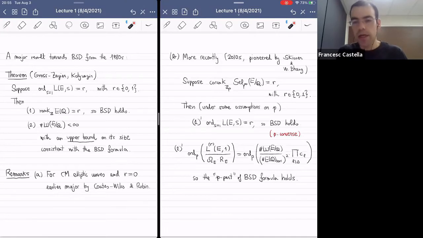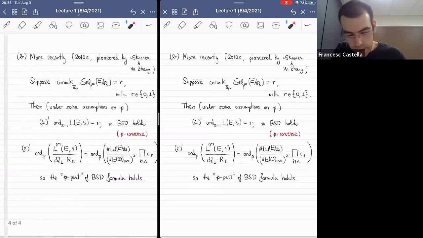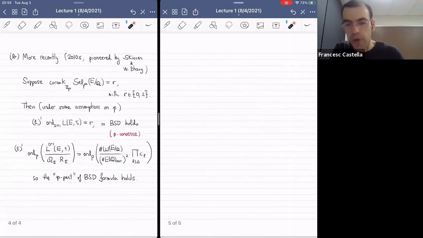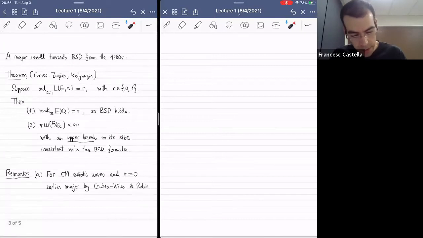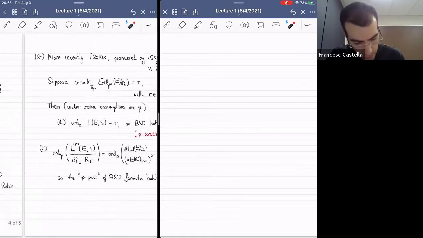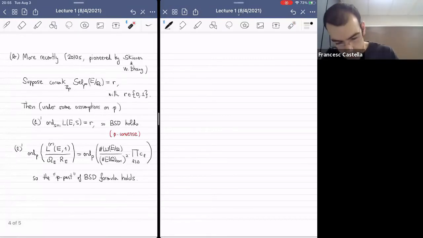Okay, so I want to get to essentially the result that we're going to be discussing in this mini course. So in order to place that in the context of this theorem, let me now give you a brief overview of how the proof of this theorem goes.